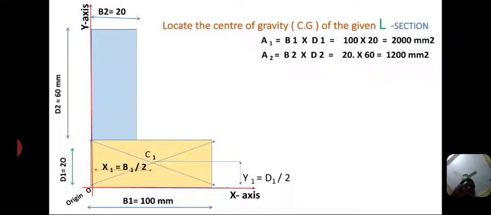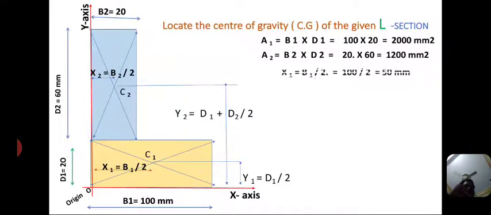Similarly, C2 is the centroid of the vertical rectangle at a distance of x2 from the y axis and at a distance of y2 from the x axis.